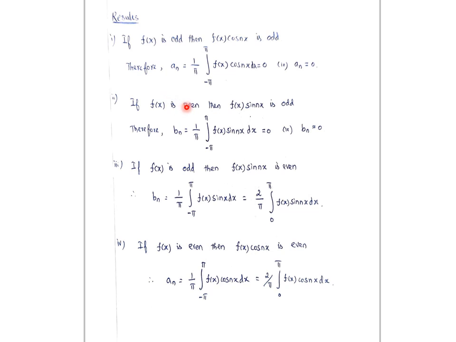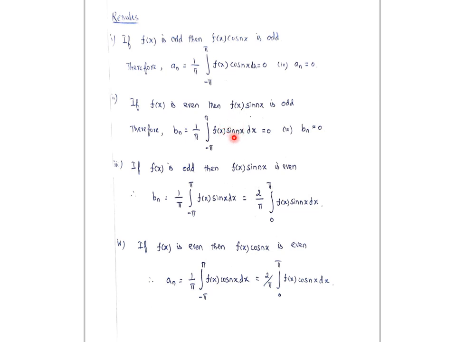If f of x is an even function, we already know that sin nx is an odd function. Therefore, the multiplication of even and odd function will become an odd function.